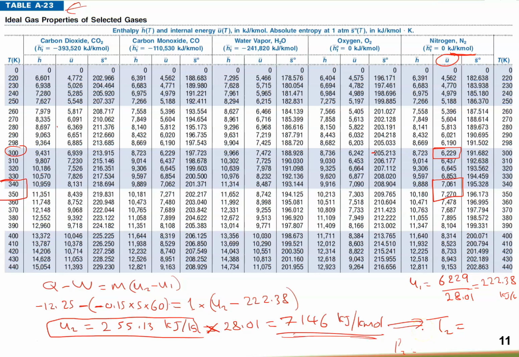So that's how to deal with the tables. Of course, for air, it is simpler because the tables of air are already in kilojoule per kilogram, so you can get the values of the internal energy easily from there with the units that you want. Okay, thank you.